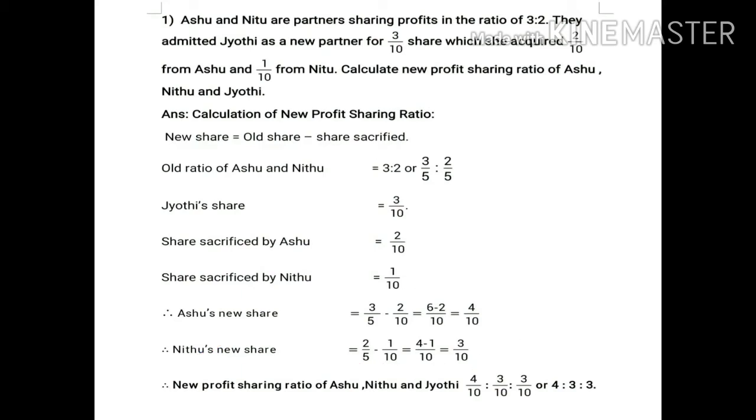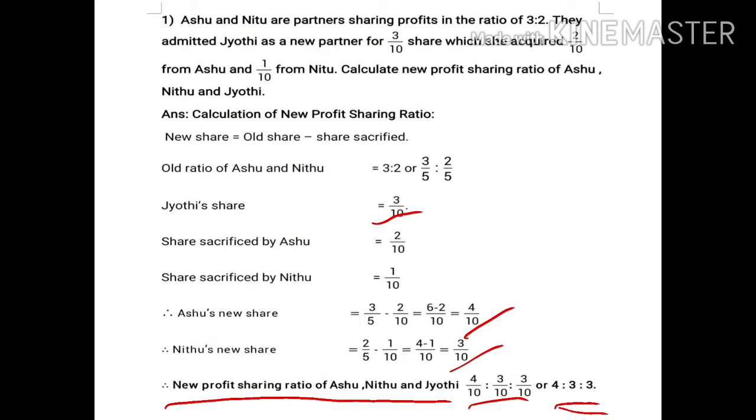So now we have the information about the new profit sharing ratio, that means the new shares of all the partners. Jyoti's share 3/10, Ashu's share 4/10 and Neetu's share 3/10. So write the new profit sharing ratio of Ashu, Neetu and Jyoti: 4/10 is to 3/10 is to 3/10, or finally 4:3:3.